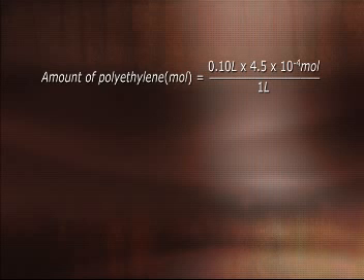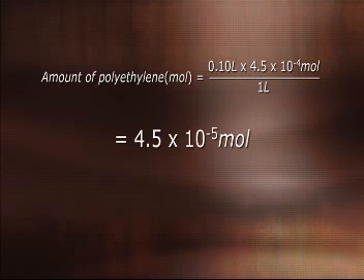This gives us the answer 4.5 times 10 to the power of negative 5 moles. We can use this to calculate the molar mass of polyethylene.